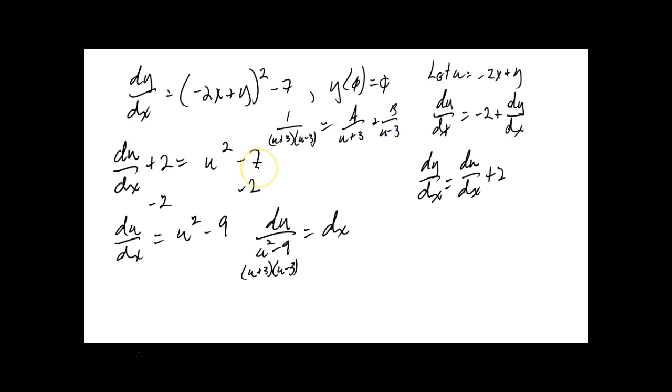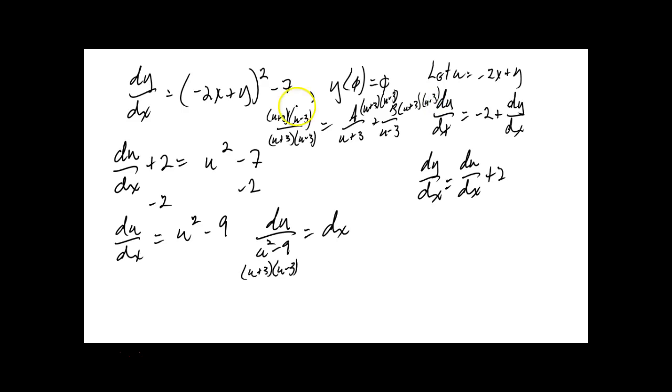Got it? Okay. Now, I need to find what a and b are. Okay, you certainly could do that. Here's a slightly easier way. It's sort of doing the same thing. Let's multiply everything by u plus 3 times u minus 3.